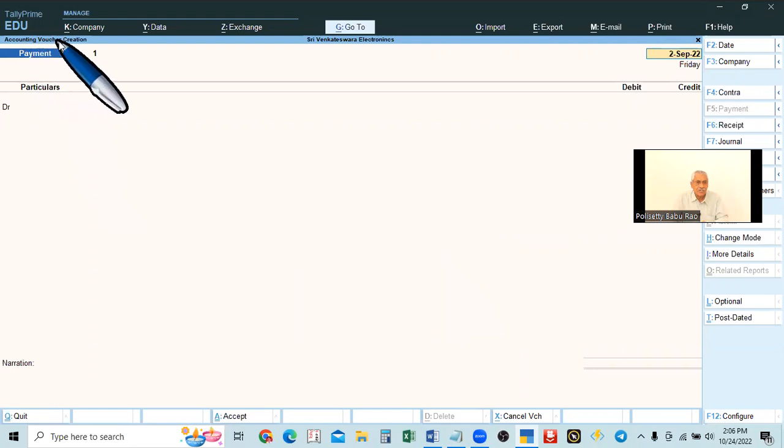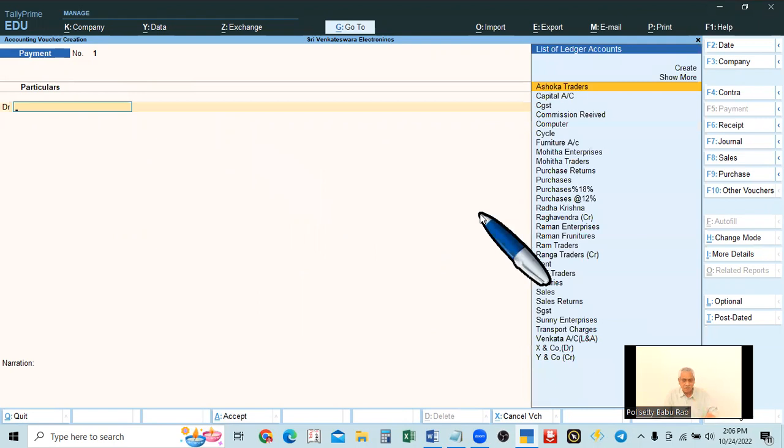See, the accounting voucher creation page is opened. By default, the payment voucher will open. Now we are going to record in journal voucher.